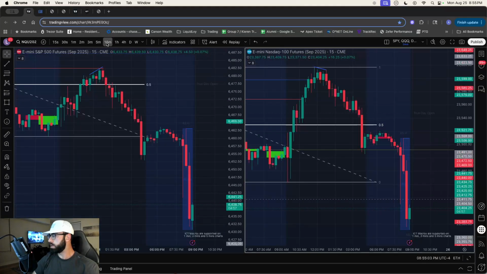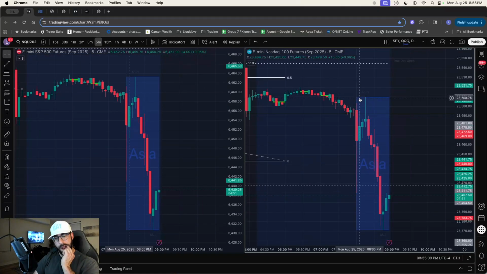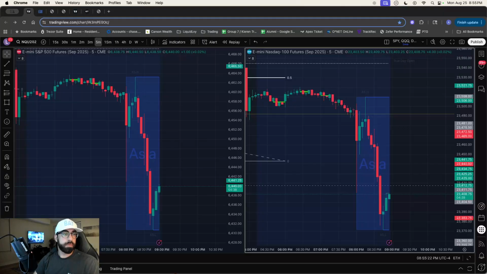So do I sell on a bullish fair value gap that's inverse by bearish? Exactly. Yes, you do. But again, that has to be aligned with other confluences. You can't just enter off a fair value gap in the middle of a range, but yes, you do have the right idea.